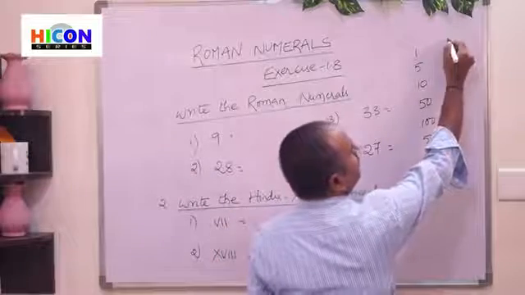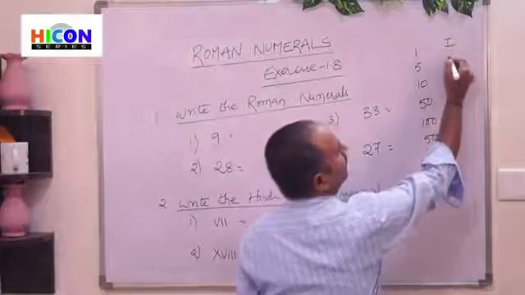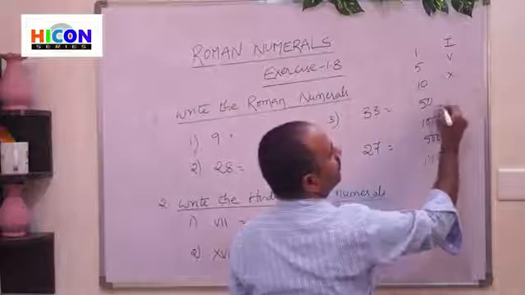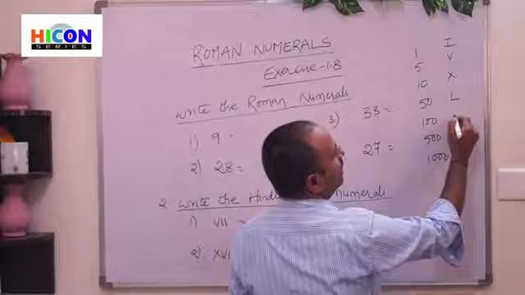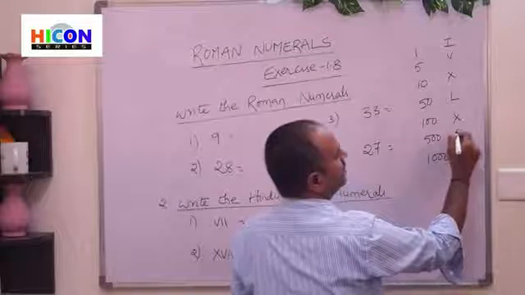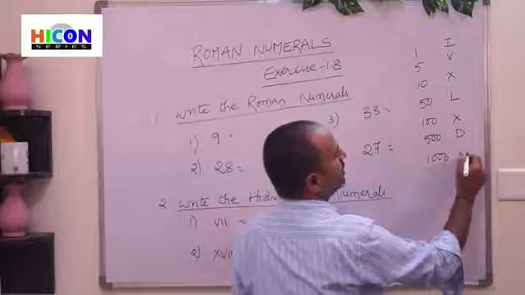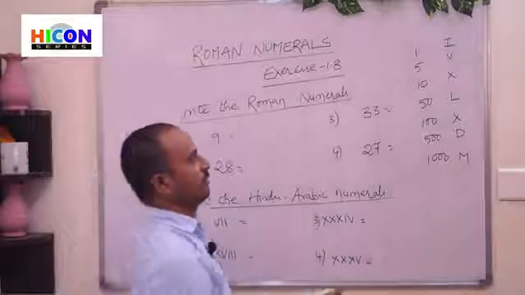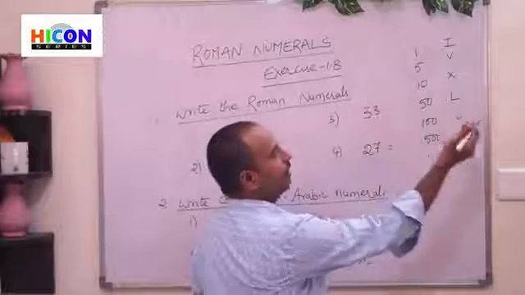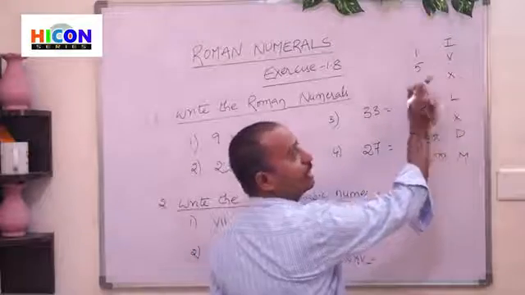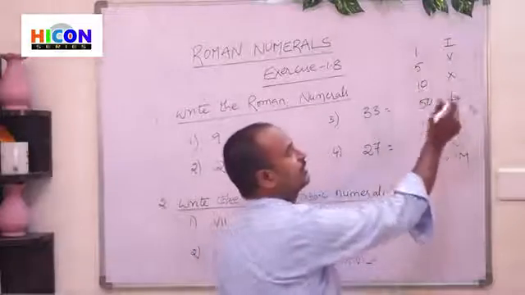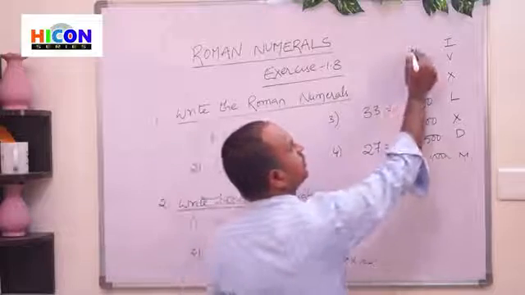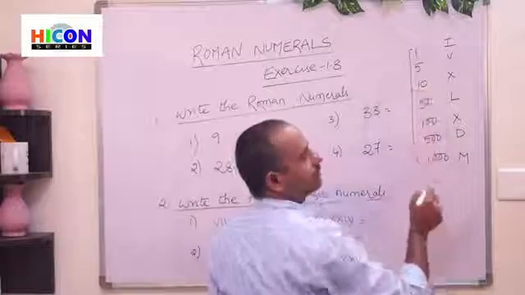So 1 means I, 5 means V, 10 means X, 50 means L, 100 means C, 500 means D, 1000 means M. So before we convert Hindu-Arabic system into Roman numerals, we have to split the given number in terms of these values.